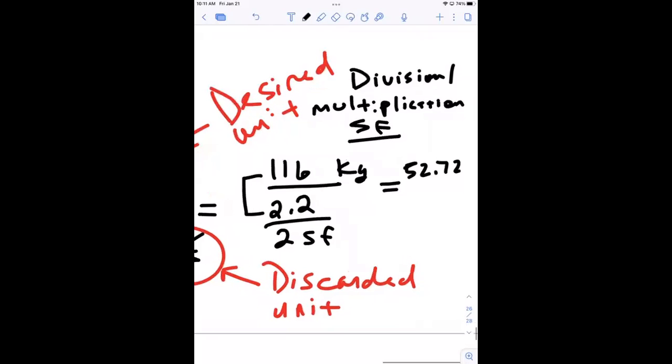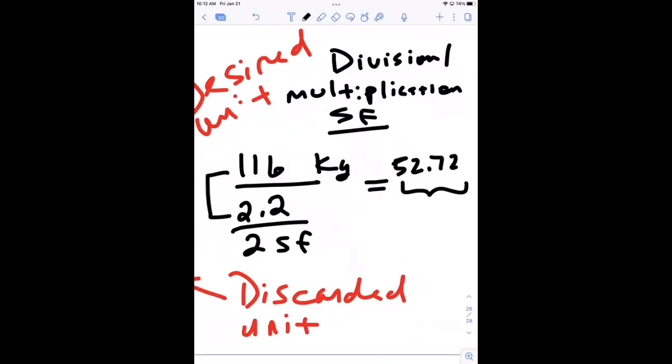All right, so the answer needs to be how many sig figs? Two. All right, so here the 2 is not going to cause that 7 to go up, right? We'll leave it. So we can take that and say 52 point 7. And then because this number is greater than 5, we can round that 2 up.